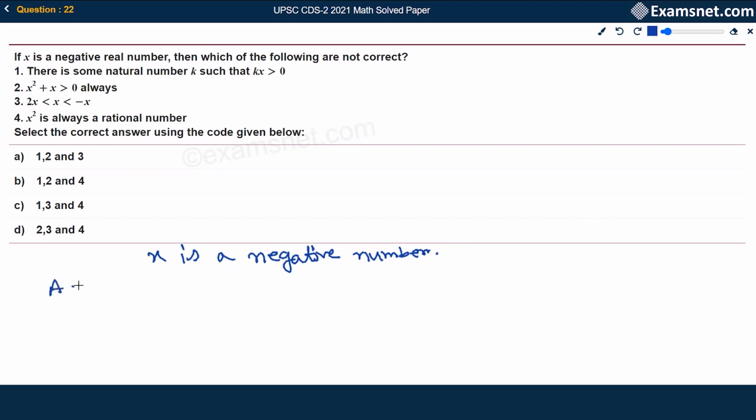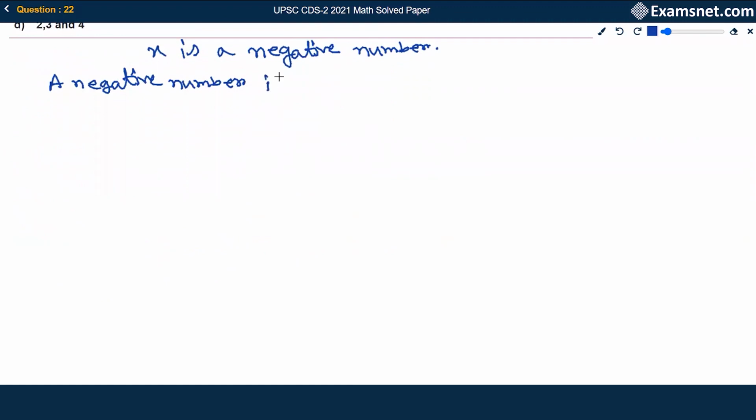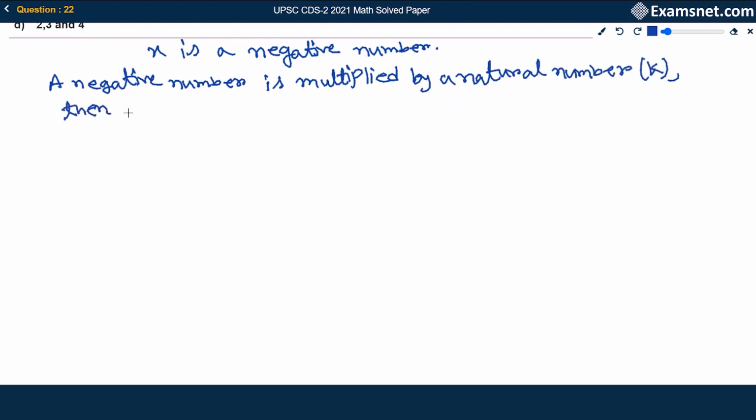So when a negative number is multiplied by a natural number k, then the resulting number will be negative.